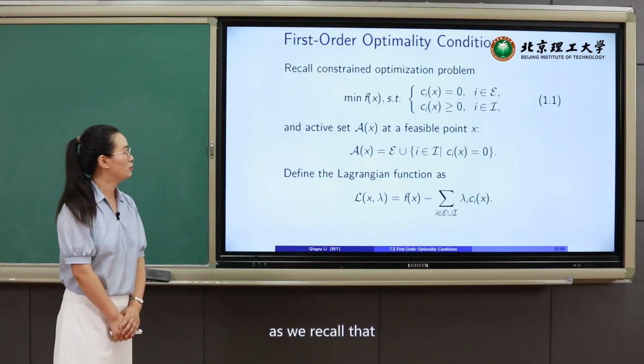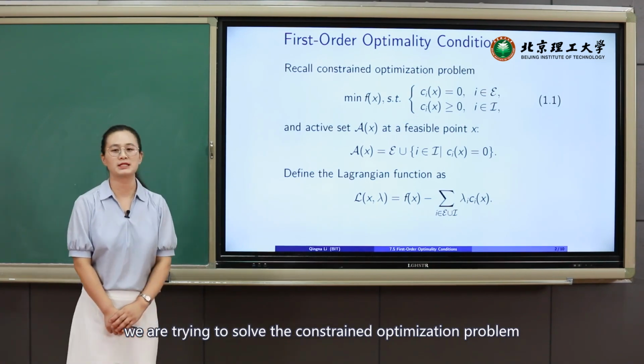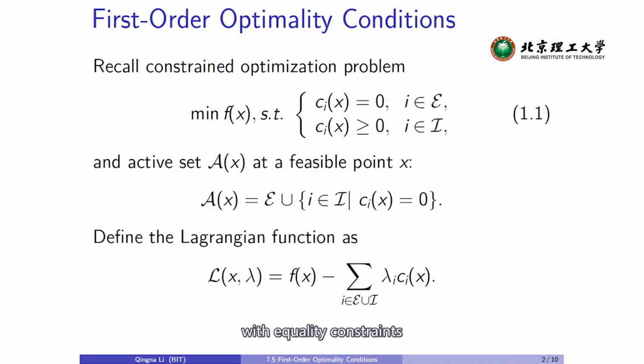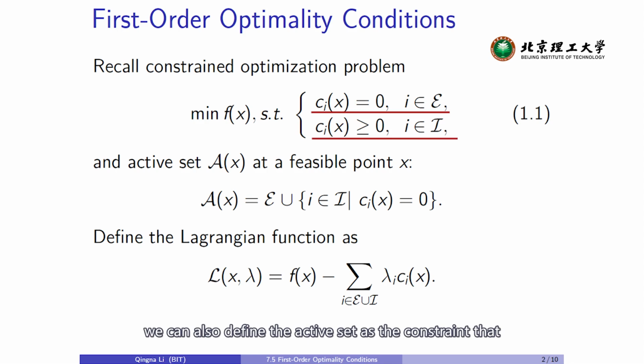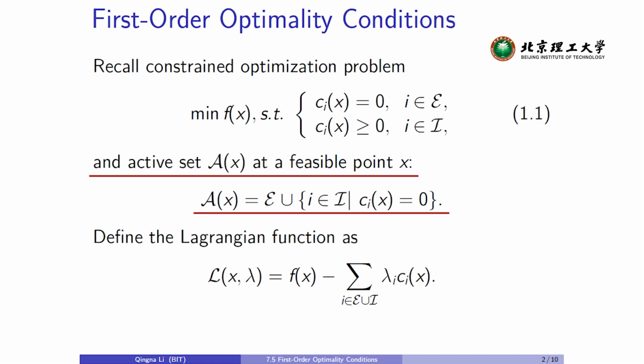Now, as we recall, we are trying to solve the constrained optimization problem with equality constraints and inequality constraints. At a point x, we can also define the active set as the constraints that satisfy all the constraints strictly, okay?